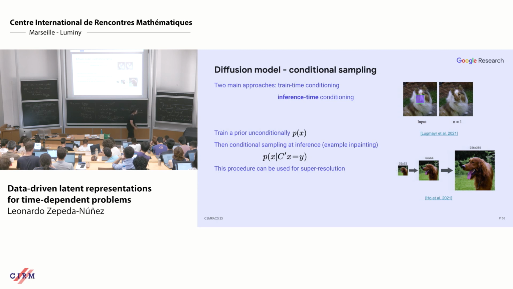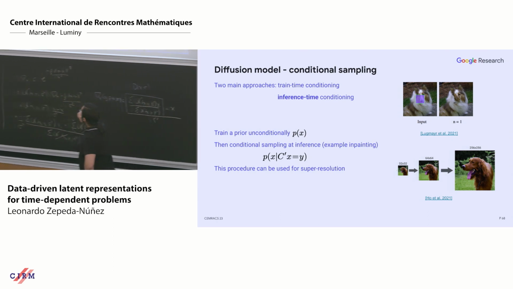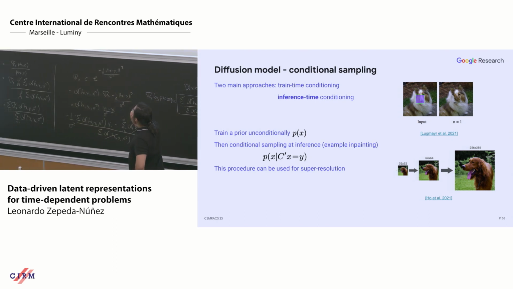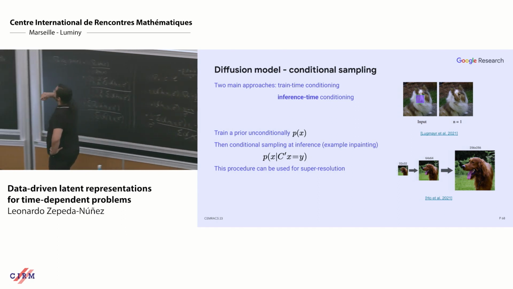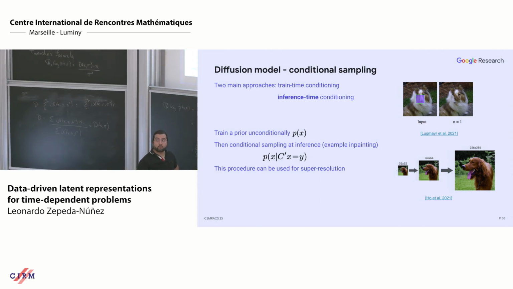You can either do this by what's called a priori, where you inject into your denoiser the fact that you have a Y, for example. Or what we try to do right now is what we call a posteriori, or inference-time conditioning. You train this log P as usual, and then you make a modification afterwards.